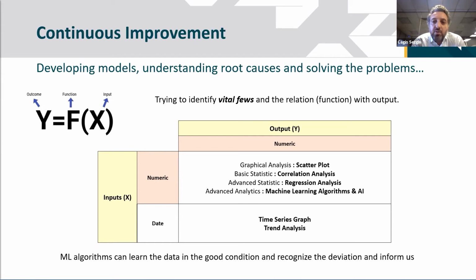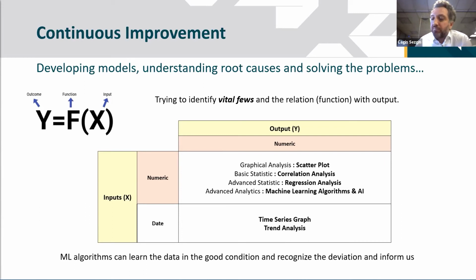It tells you statistically whether there is a correlation or not. But these are the old, traditional ways. What we can do more, with advanced statistics, is regression analysis. We can develop a regression model and try to identify the relation function between parameters and output.